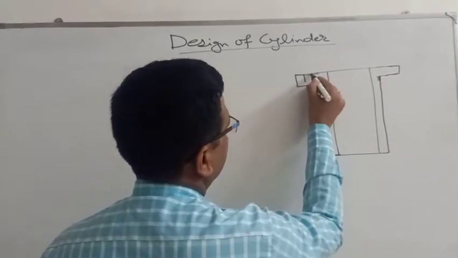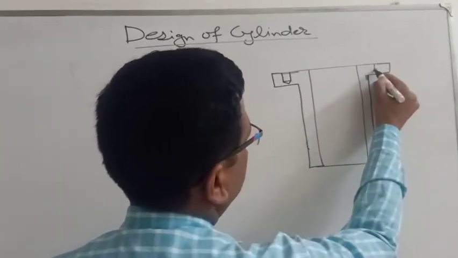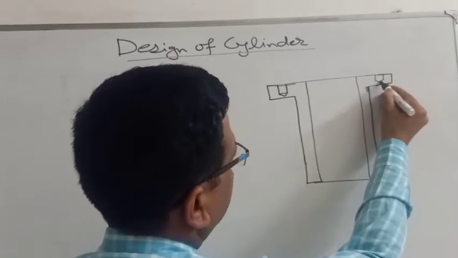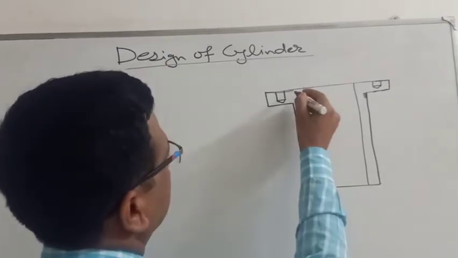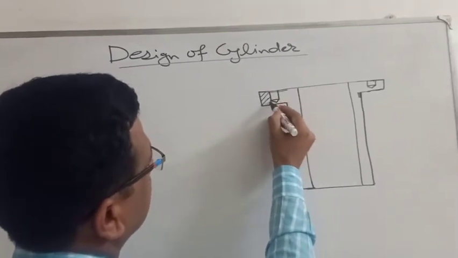In which the portion for studs are used, threaded portion. This is our cylinder.